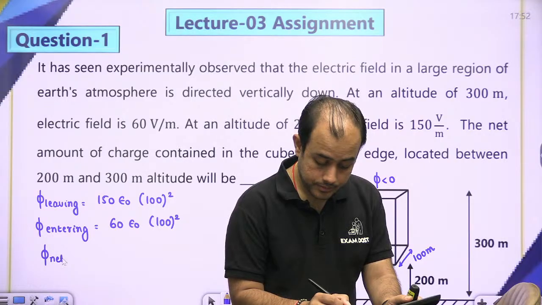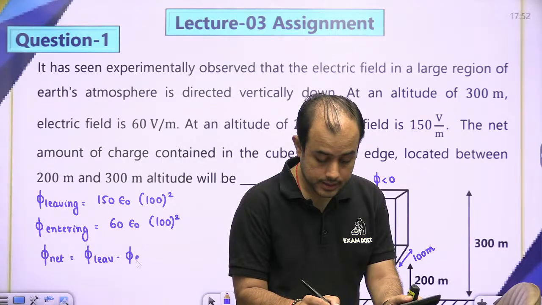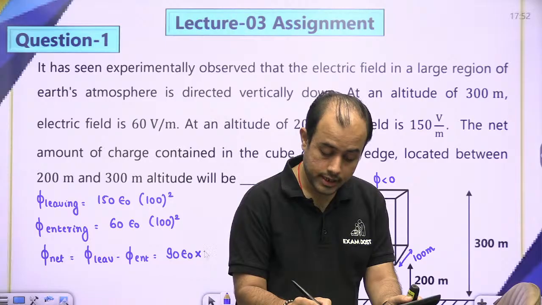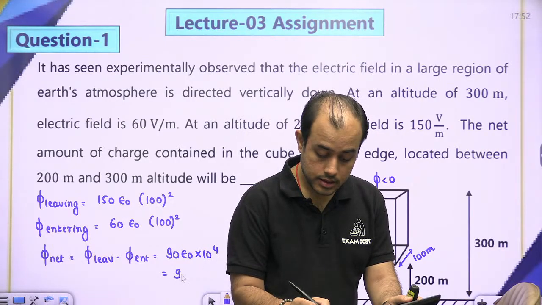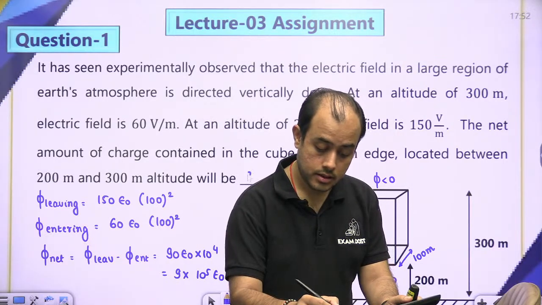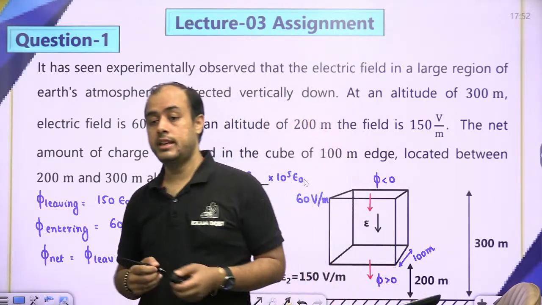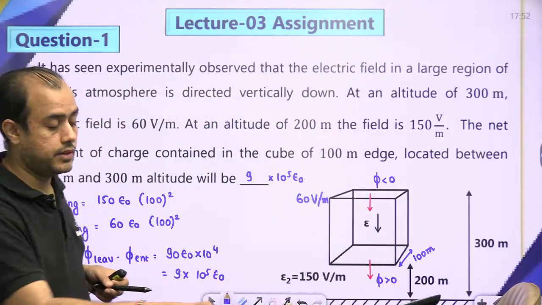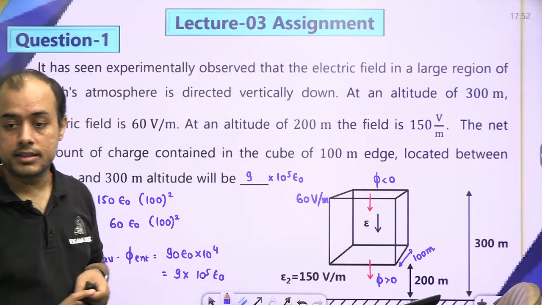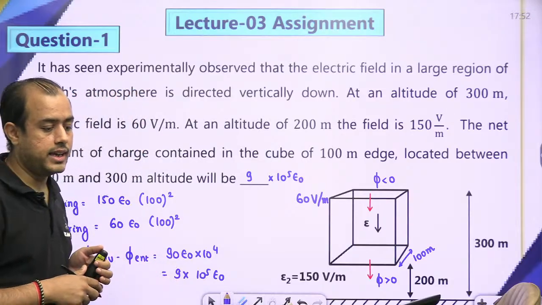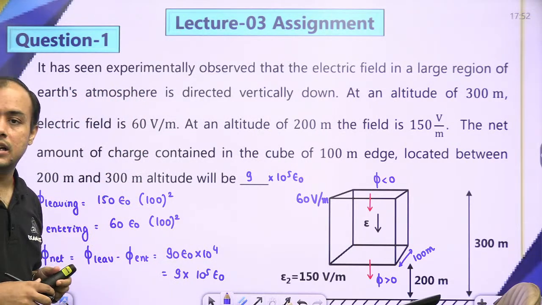Q net is leaving minus entering. So 90 epsilon naught into 10 to the power 4, 9 into 10 to the power 5 epsilon naught. इसमें ऐसे पूछा गया था, तो answer will be 9. ठीक है, answer will be 9. ये बात समझ में आई? 54 कहाँ आ रहा है? 9 आ रहा है ना, क्योंकि एरिया तो सेम ही है, इलेक्ट्रिक फील्ड अलग अलग है.